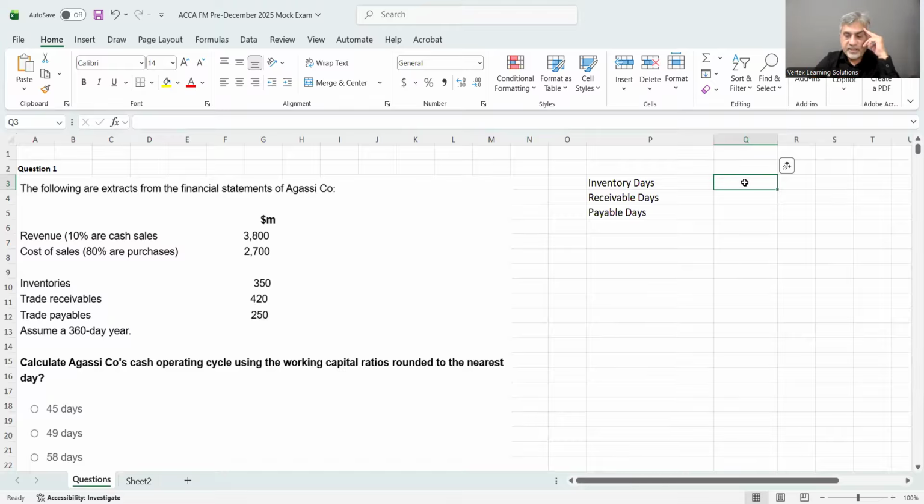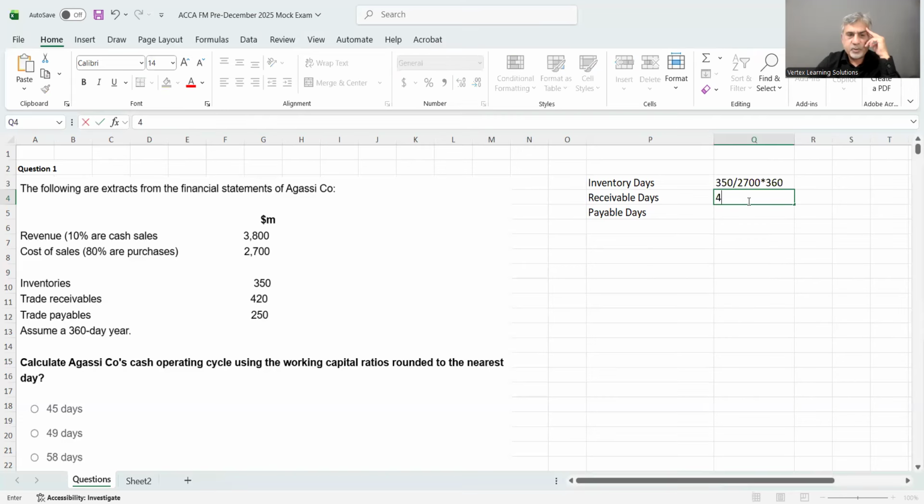For inventory days, I'll take the value of inventory, which is 350, divided by the total cost of sales, which is 2.7 million, and multiply it by 360. For receivable days, I'll consider my receivables, which are 420 million, divided by my sales. But which sales?